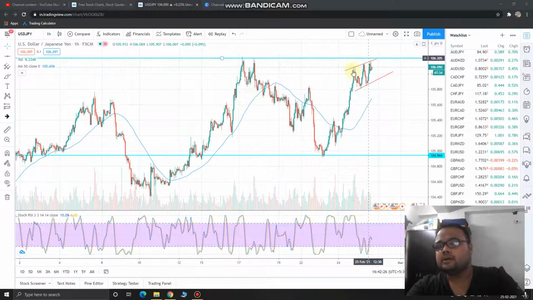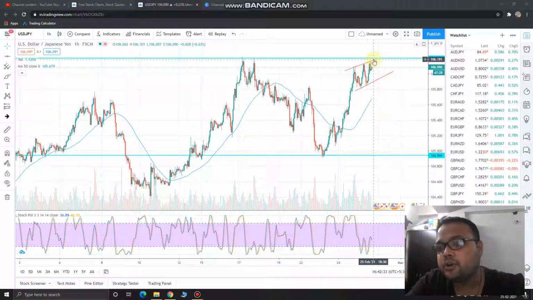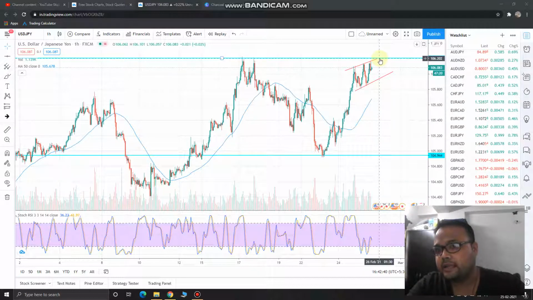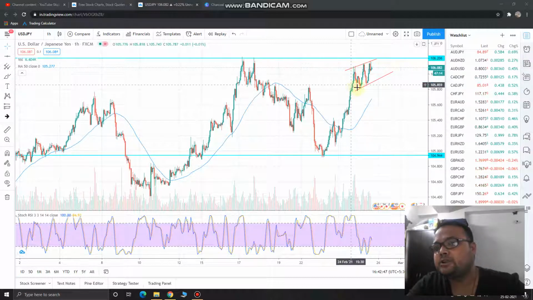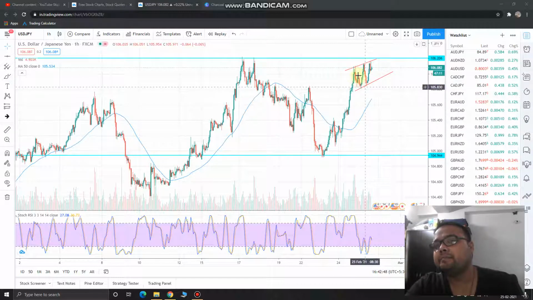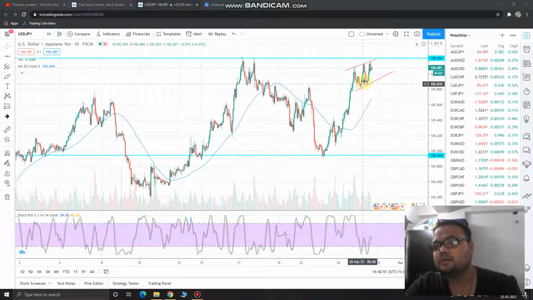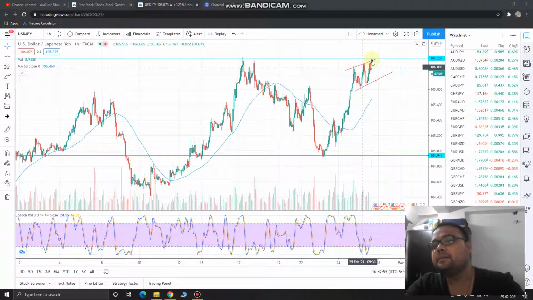Right now we cannot say how the market will react once it hits the 106.20 level. Therefore let's wait for some time and see how the market reacts after hitting this level. Generally whenever a situation like this happens, the market makes higher highs and higher lows, and generally we get to see a breakout.